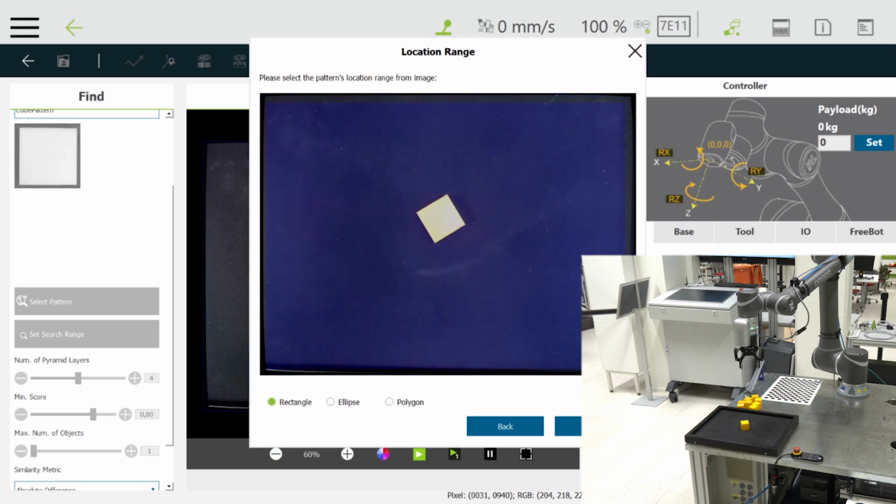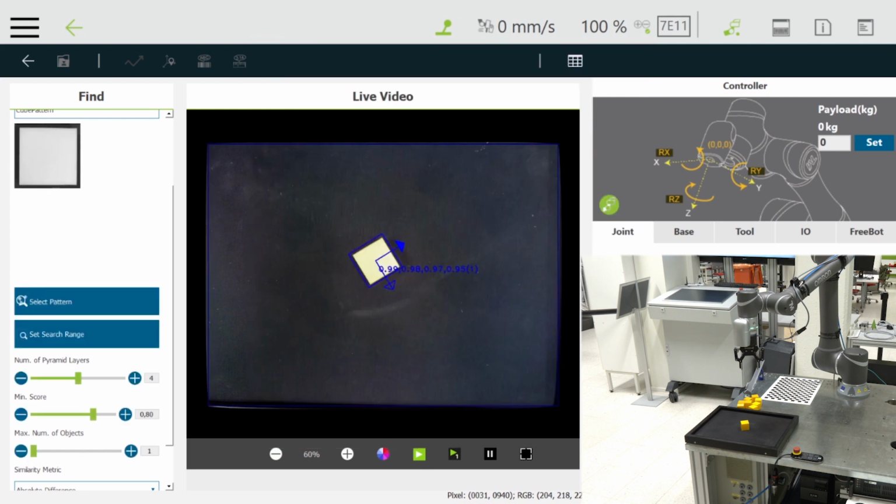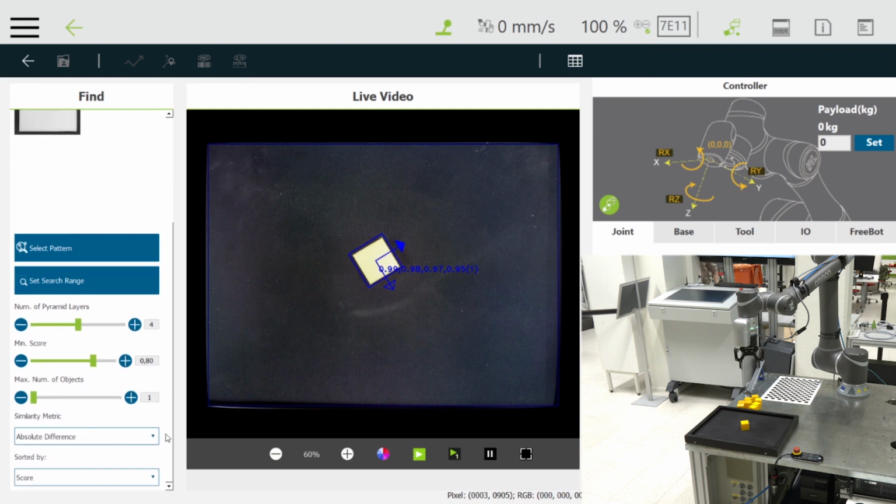Next, the search area and search rotation are set up. The search area is here, the blue, and also the search rotation next. So as we have this rectangular cube, we give that the rotation angle can be something between -45 degrees to 45 degrees.